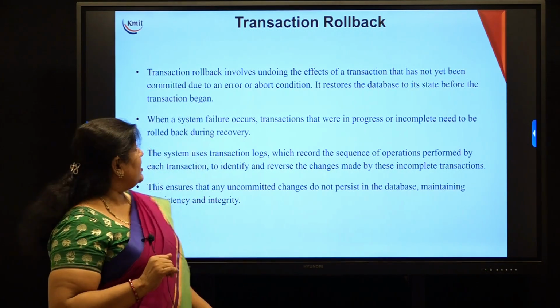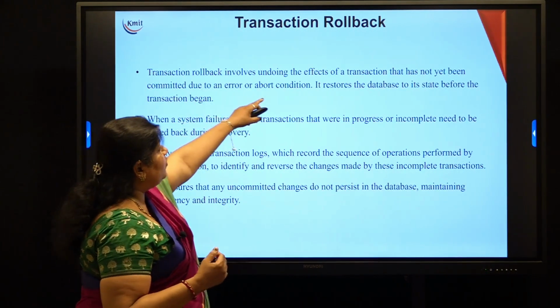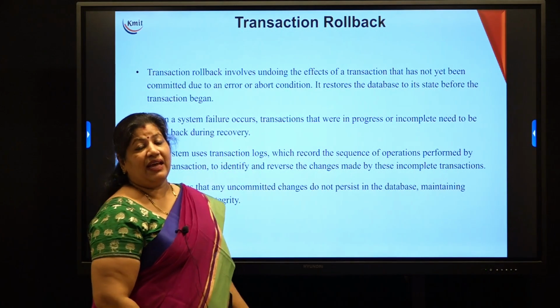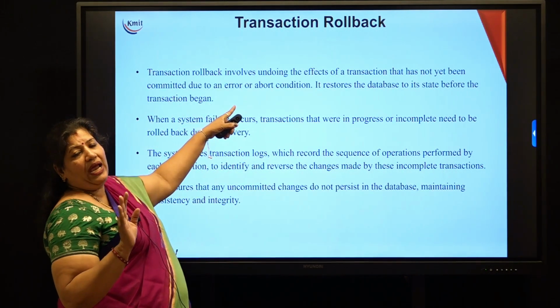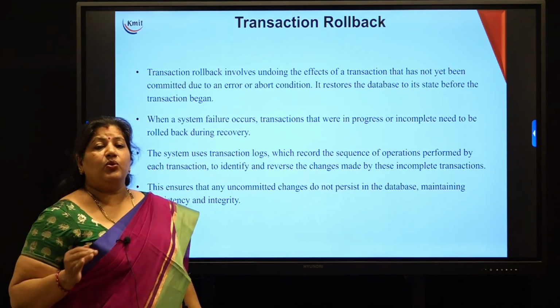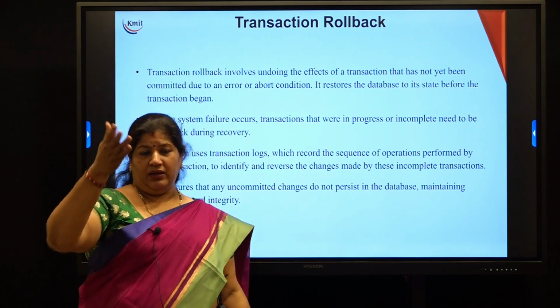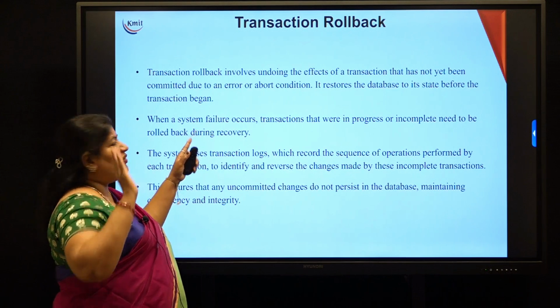Coming to the transaction rollback, it is undoing the effect. It involves undoing the effects of the transaction that has not yet been committed due to error or abort conditions. So it restores the database to a state before the last commit, or otherwise before the transaction had begun, which was consistent.